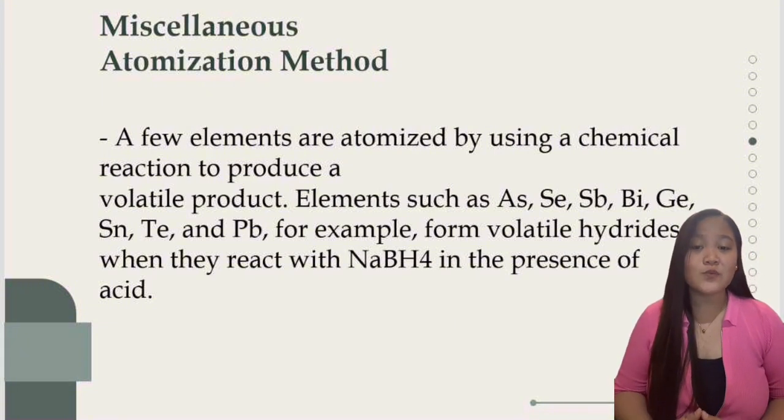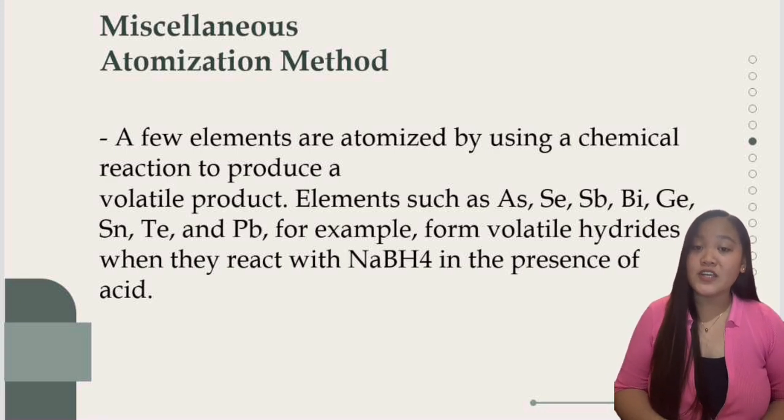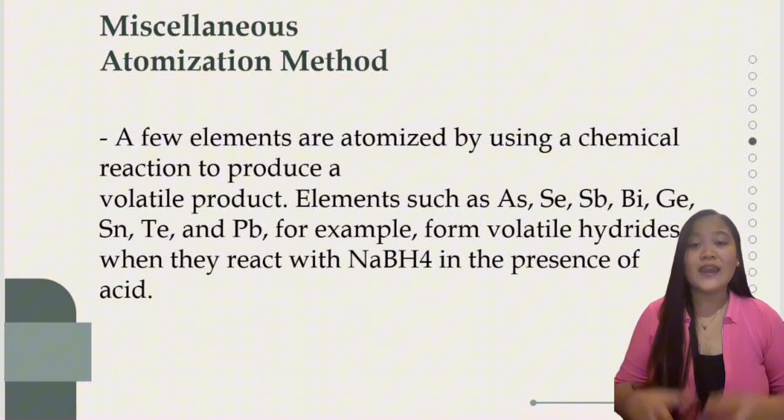So here's the secret weapon, a chemical called sodium borohydride or NaBH4. Kind of a matchmaker for atoms. So when we add NaBH4 in an acidic solution, it reacts with these elements, creating their volatile hydride partners.